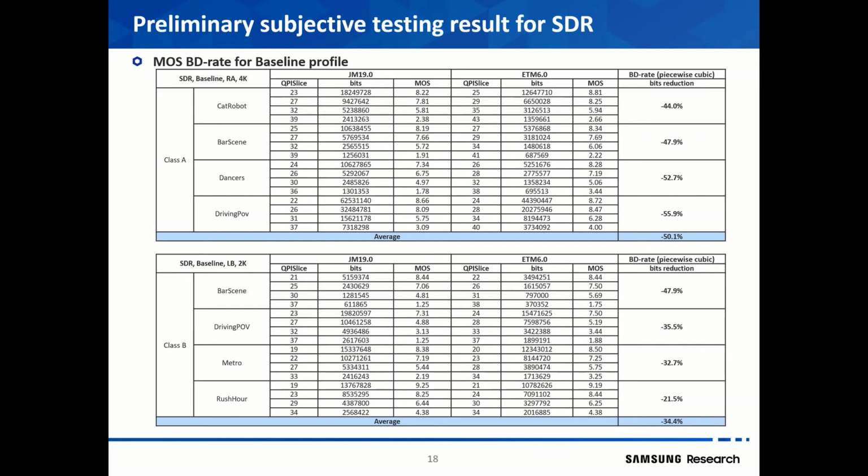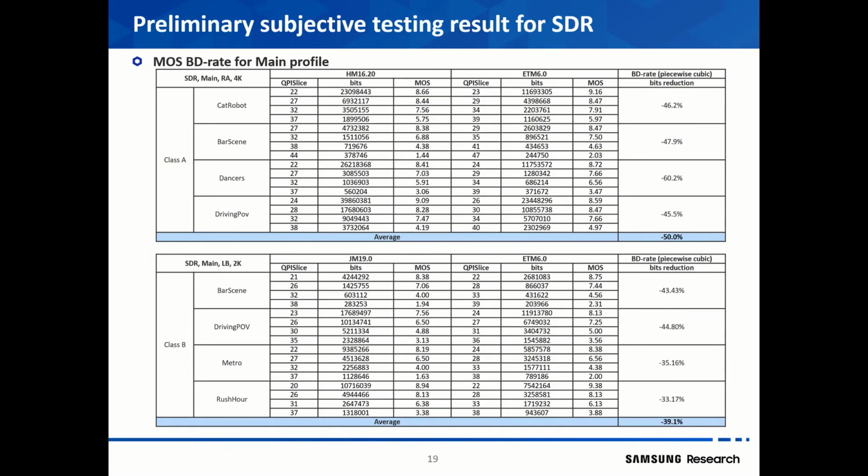These results show 50% coding gain in 4K and 34% coding gain in 2K compared to AVC respectively. So roughly we can say that EVC baseline profile is twice better than AVC in RA condition.